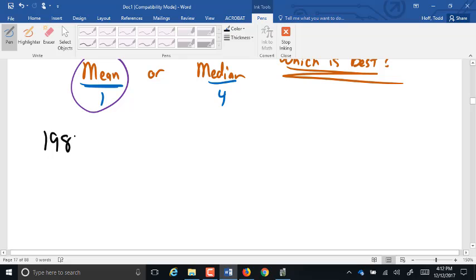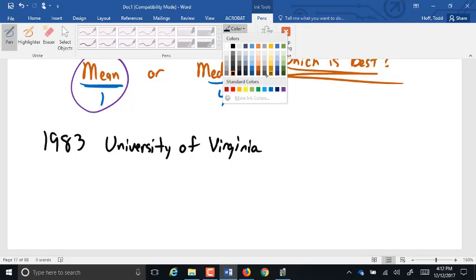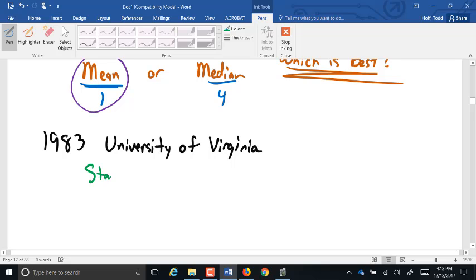In 1983, University of Virginia published that the average starting salary for a graduate in their bachelor's of marketing program.